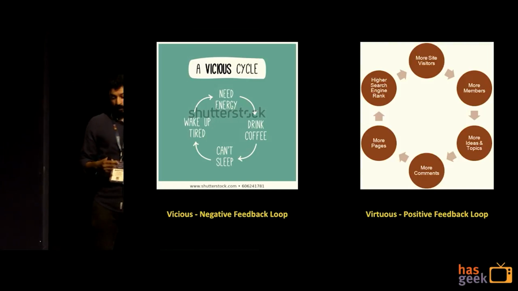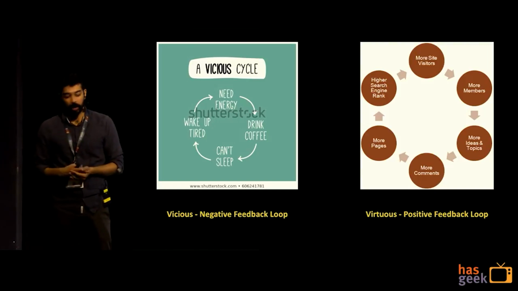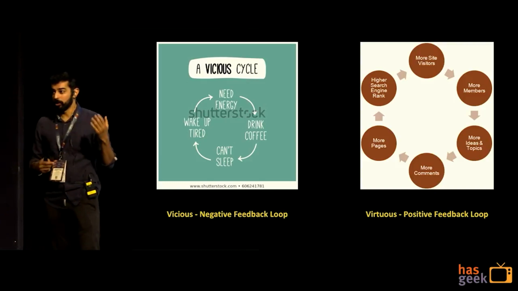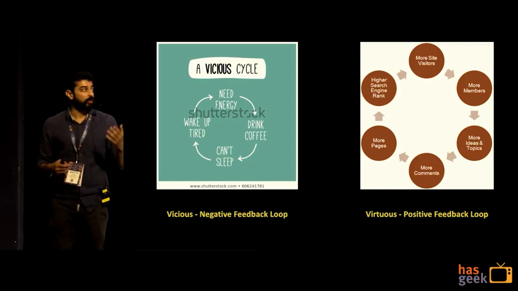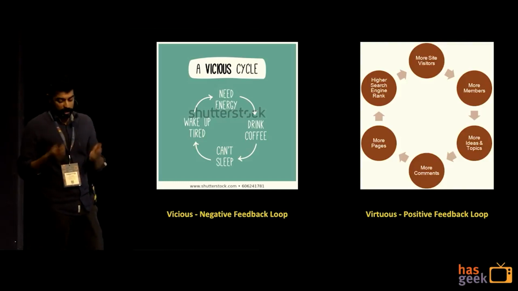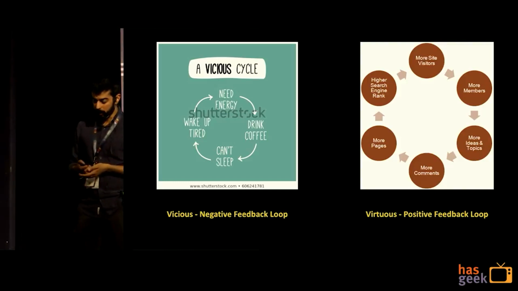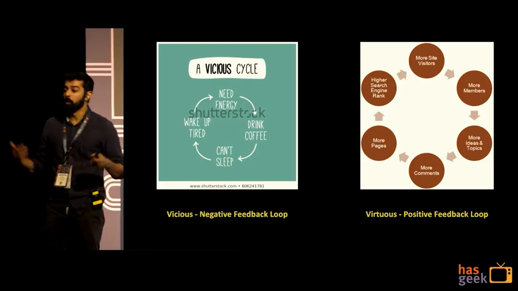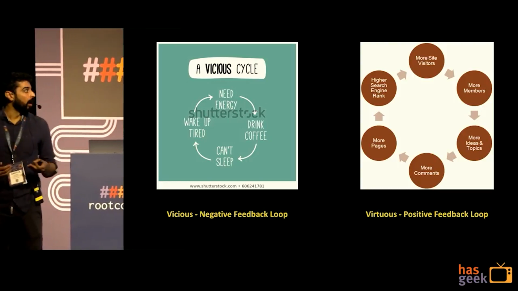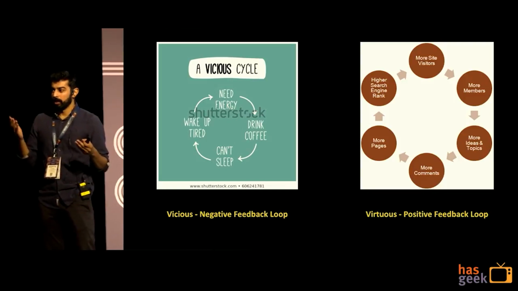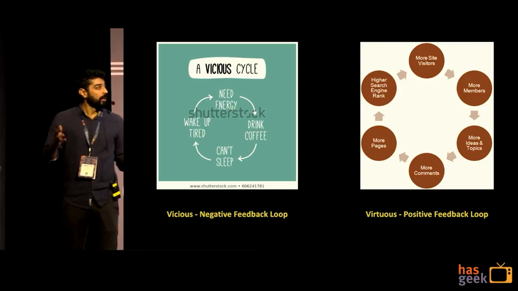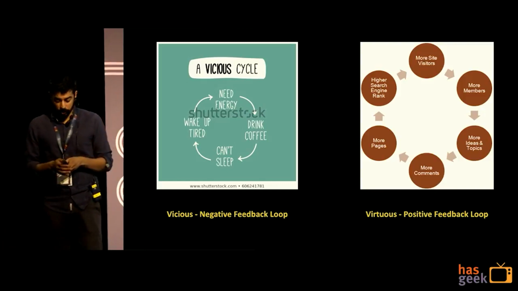But contrast that to a virtuous cycle, or a positive feedback loop, where a stimulus to a system is something the system is able to recover from and benefit from. A really good example is a social media site: the more visitors to the site, the more content generated, the more ideas and topics created there, and this influences the search rankings such that the site gets even more visitors in the future.